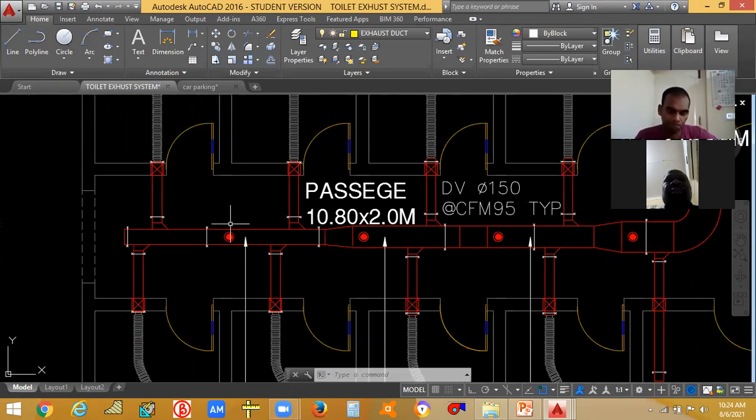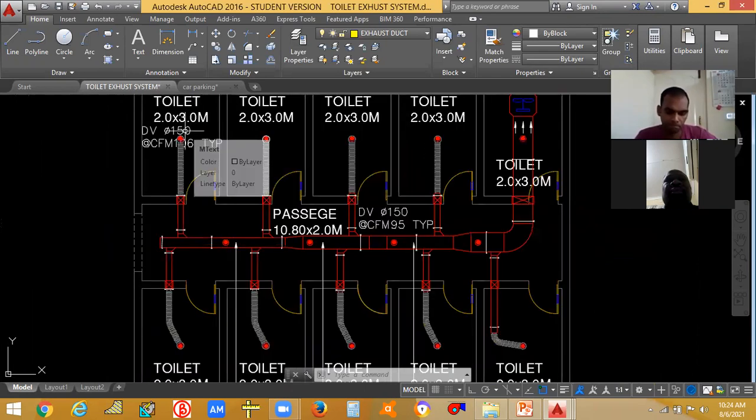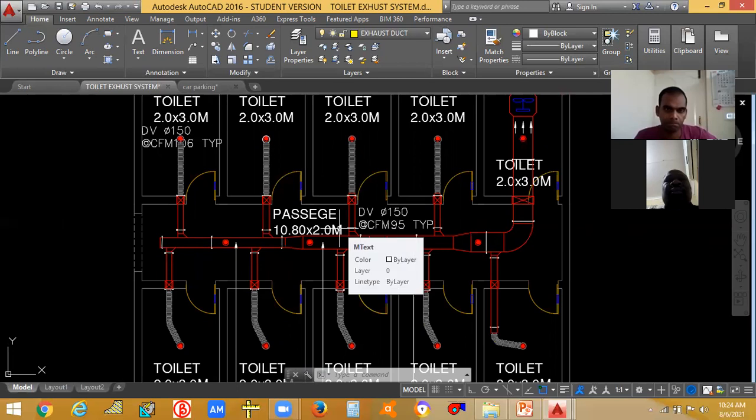The CFM in this duct is this CFM plus this CFM plus this CFM plus this CFM plus this CFM plus this CFM. When coming to this duct, the CFM is the CFM of these 3 toilets plus these 3 toilets plus these 3 areas. Understood? So the duct size also will be increased.